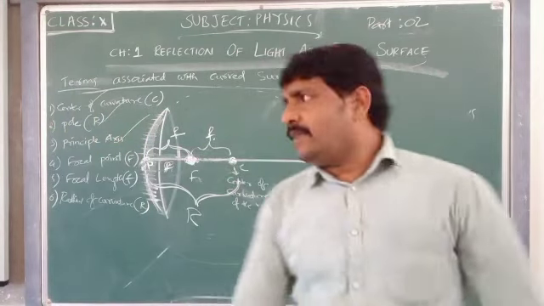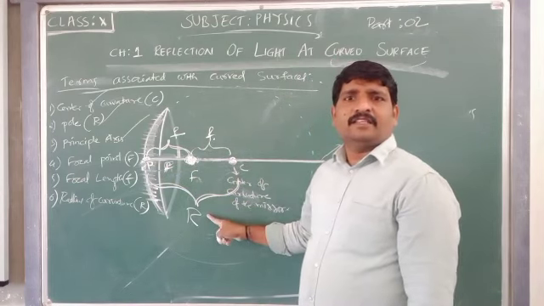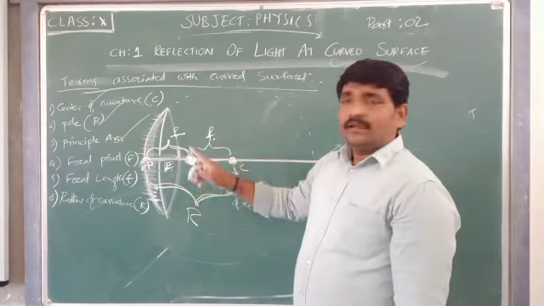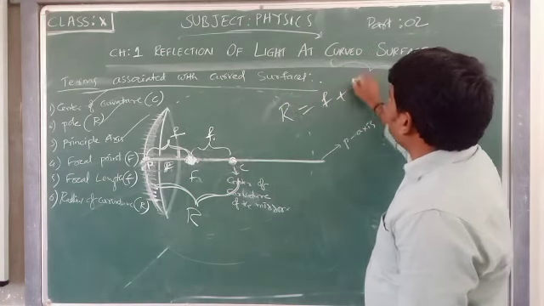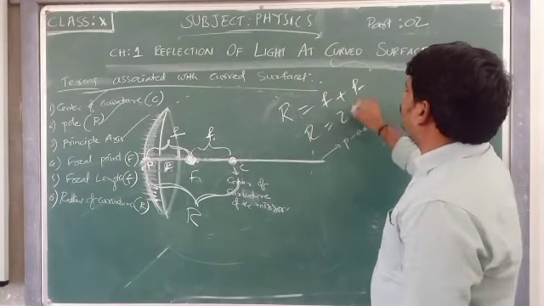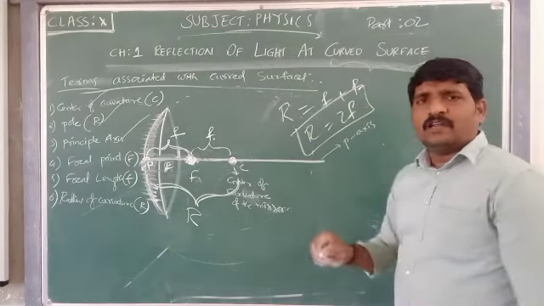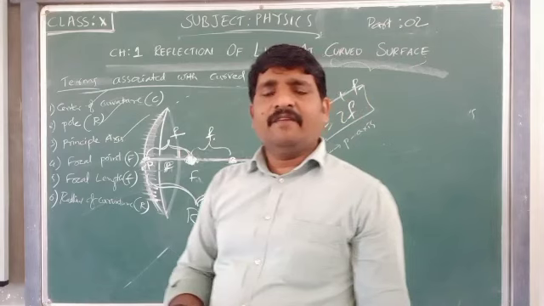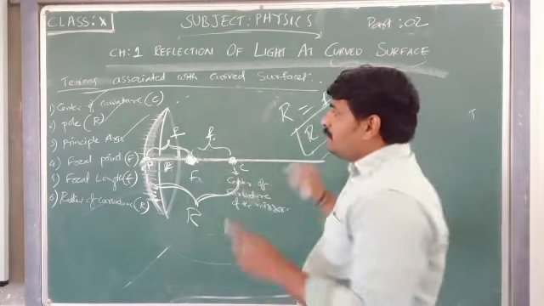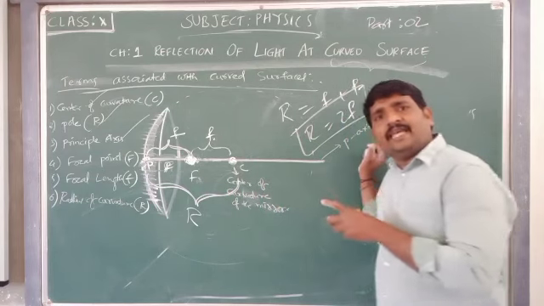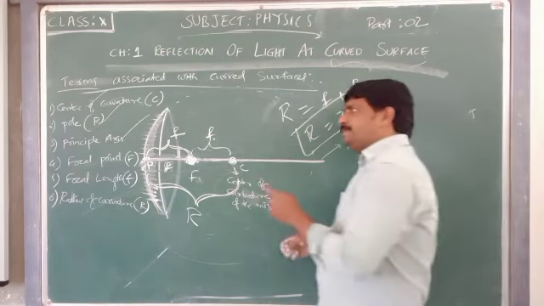I hope you understood. So radius of curvature R is equal to f plus f, that is R equals 2f. We use this in our problem solving. If the radius of curvature has been given, we use R equals 2f to solve some problems. So these are the 6 terms associated with the spherical mirrors.